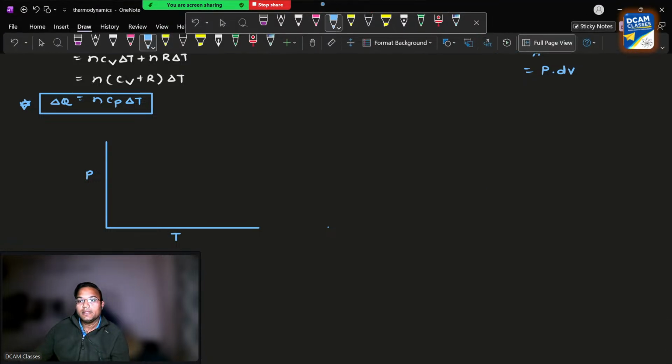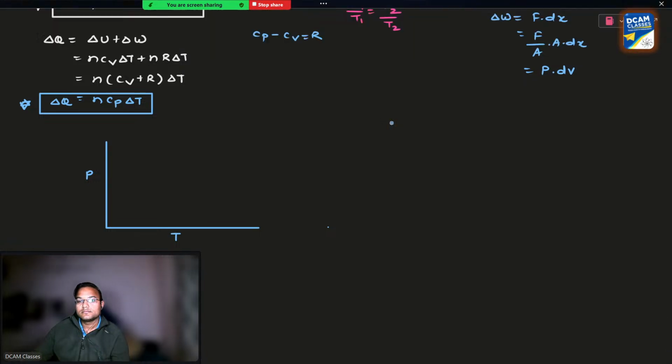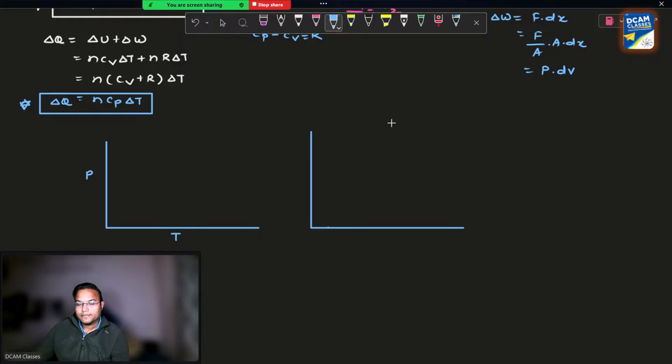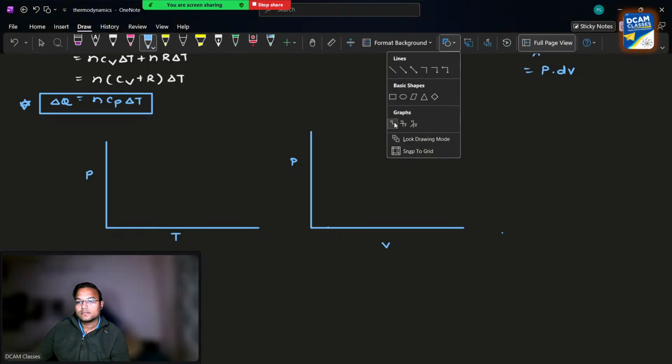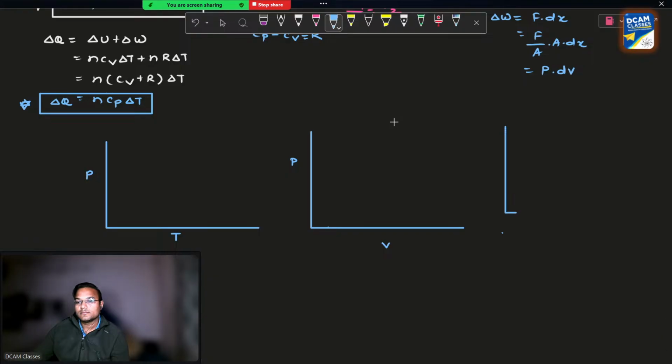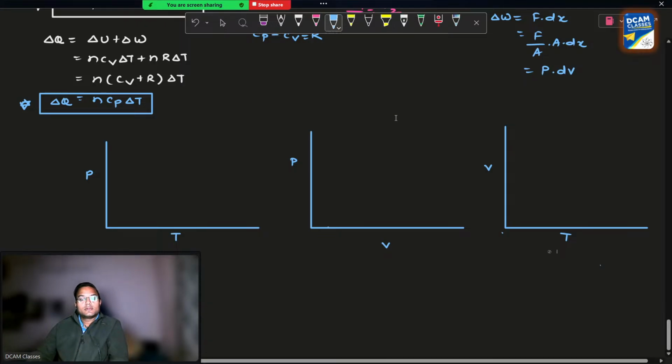Then draw me PV graph and then VT graph. Tell me what should be the P versus T graph for an isobaric process.